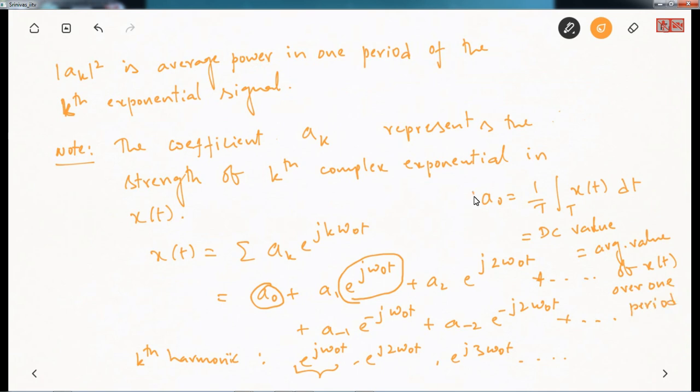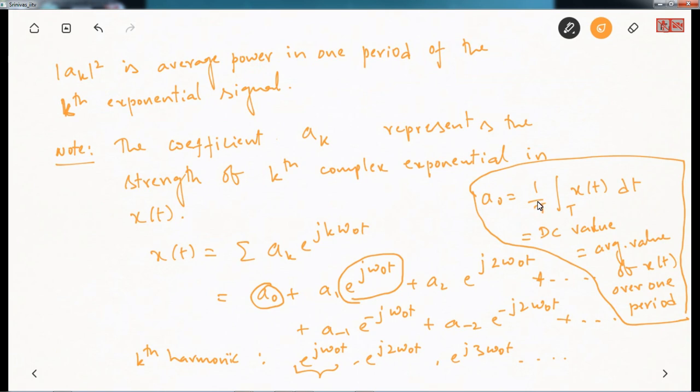Sorry, I'm not writing this neatly, but you can note this down. So a0 is nothing but the DC value. If there is a0, that means this x of t has some DC value. If a0 is 0, then x of t does not have any DC value. Or it is also called the average value, averaged over one period of x of t.